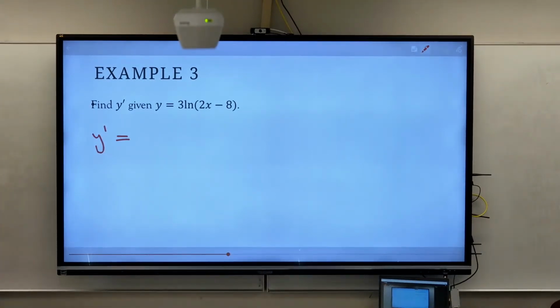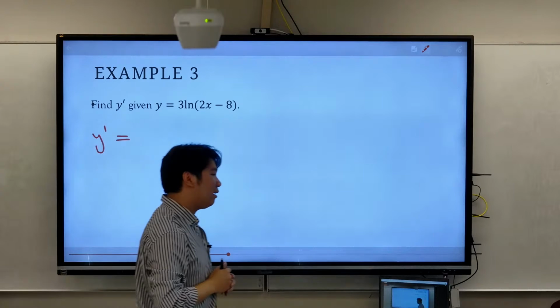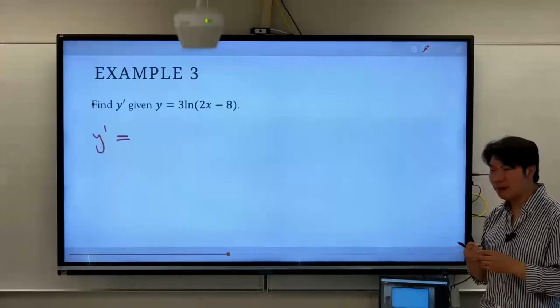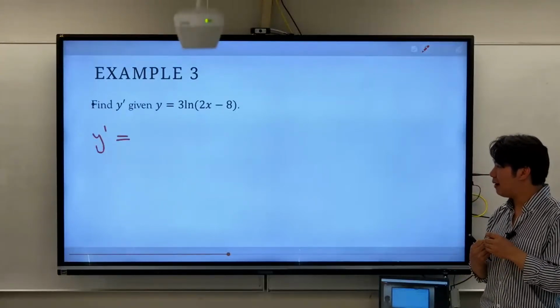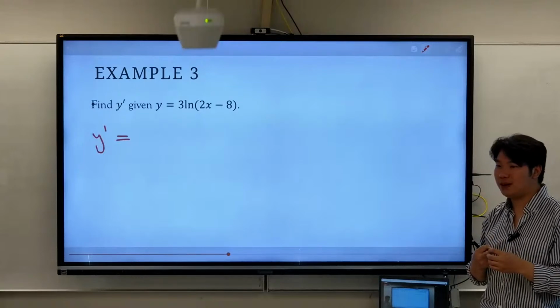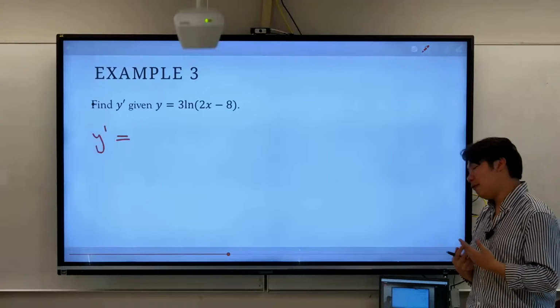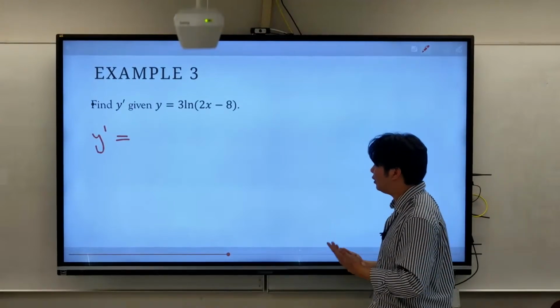Looking at this function, what derivative rules do you think would be handy? Well, first off, do I really need a product or a quotient rule? No. I heard someone right before I started say chain rule. That's definitely going to be useful here. And then obviously we have a logarithm. So we're mainly going to be using our chain rule and then the derivative of the log function.